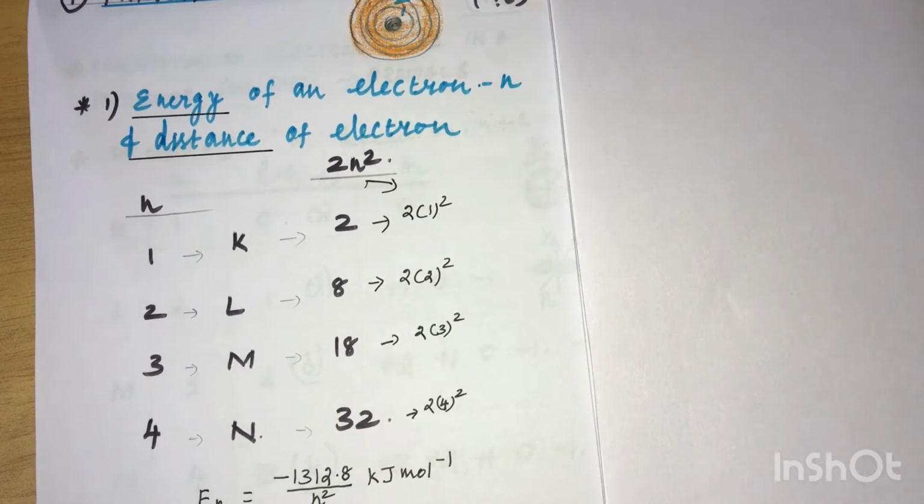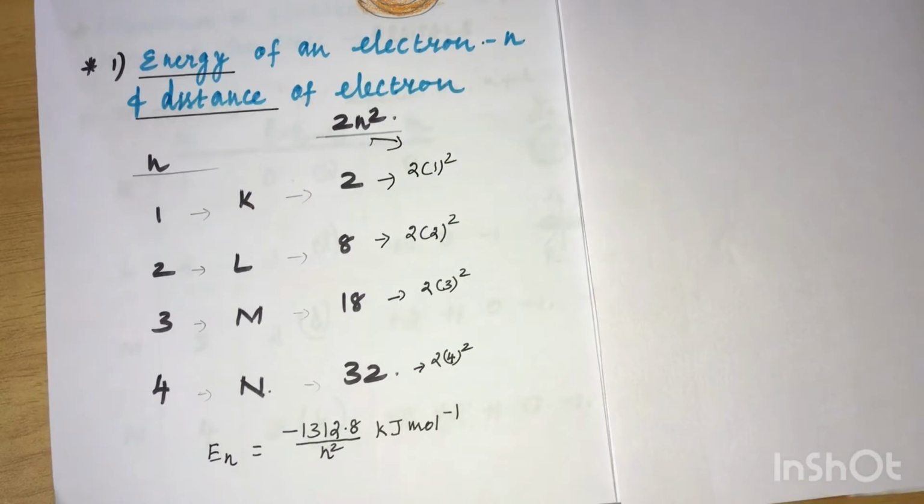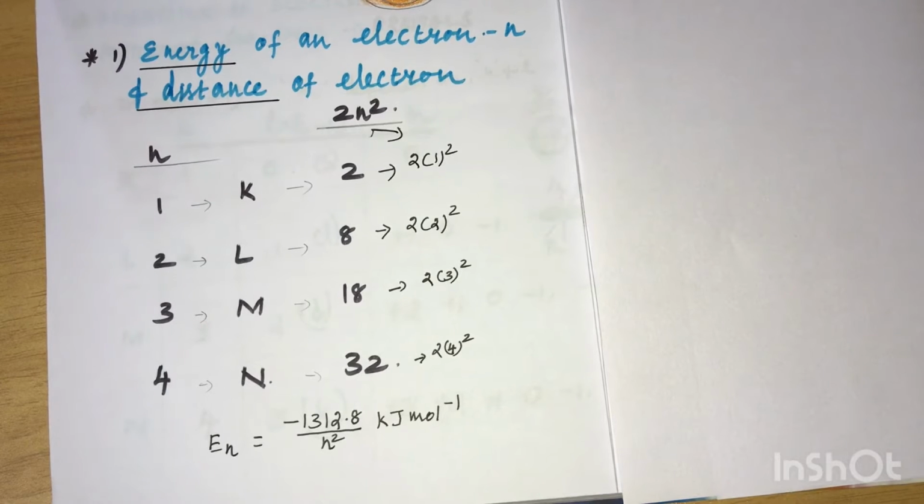The respective electron energy can be calculated by using the formula minus 1312.8 over n squared kilojoules per mole. So simply, for whichever energy level, the energy can be calculated by using this formula.